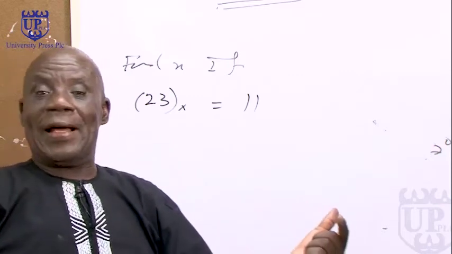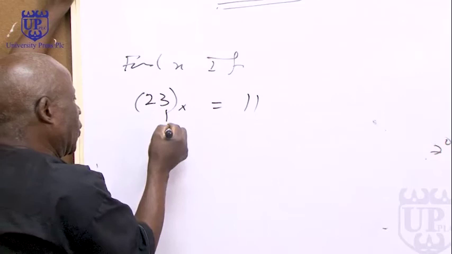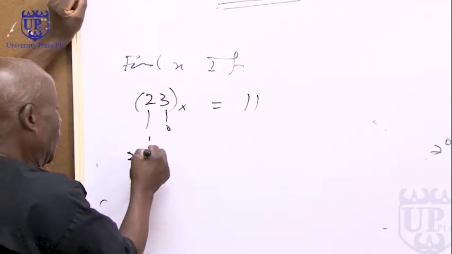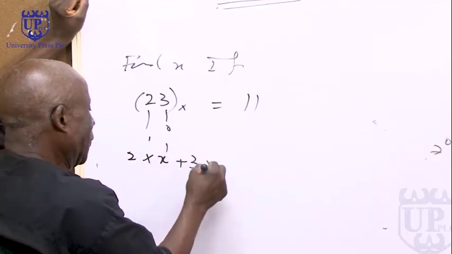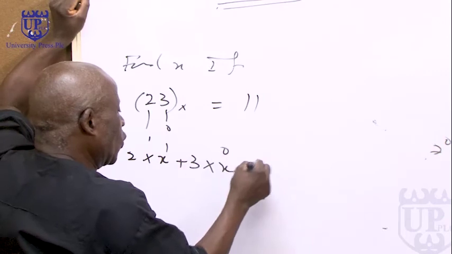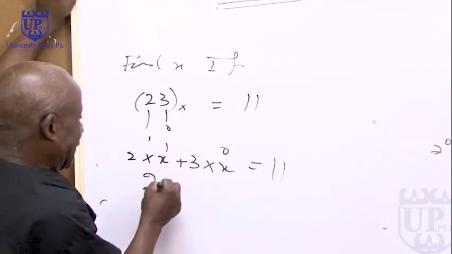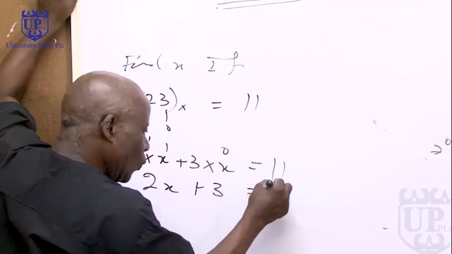The people are thinking that they want to, there's no problem, expand. This is your 0, this is your 1. You say okay, this is 2 multiplied by x raised to power 1 plus 3 multiplied by x raised to power 0 is equal to 11, because this is base 10. This one is 2x plus 3 equals 11.